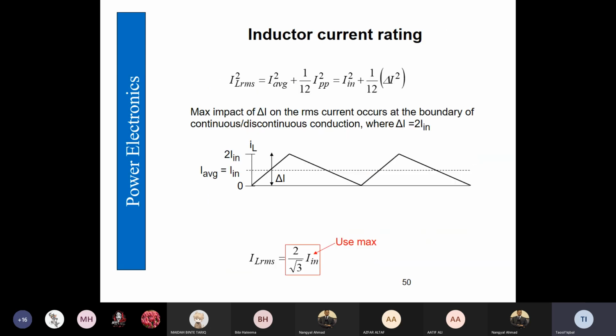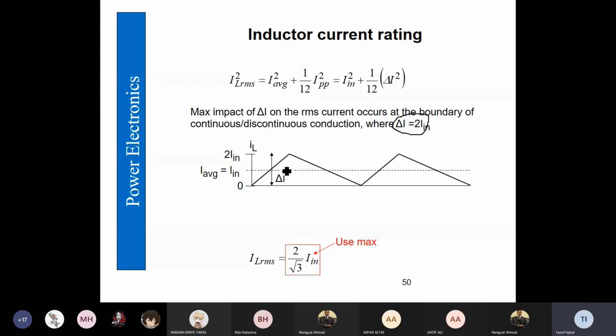So let's move on and find out the inductor current rating, just like we have done in the previous scenario. Again, we are taking the worst case scenario. If the ripple is twice the input current, because in this case the average of inductor current is the input current.